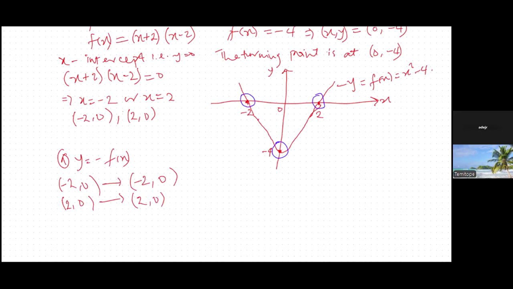Then the last coordinate that we have, which is (0, -4), will now be reflected to (0, 4). Do you understand that now?